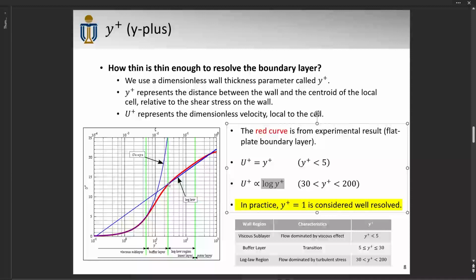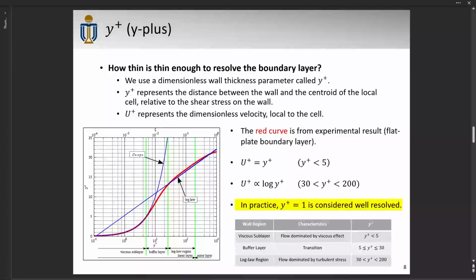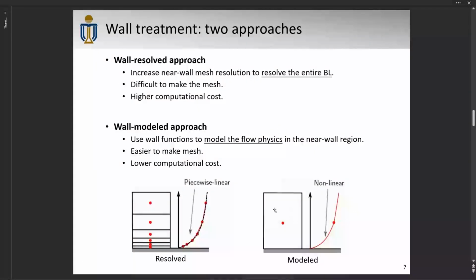And we see that the u plus agrees well with some function of log y plus. So again, if our y plus is a bit bigger than 5, so between 30 and 200, we can use this relationship to figure out what the flow should be here without having to solve the governing equations directly.